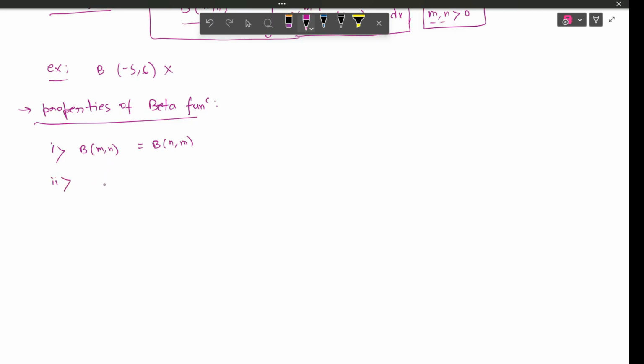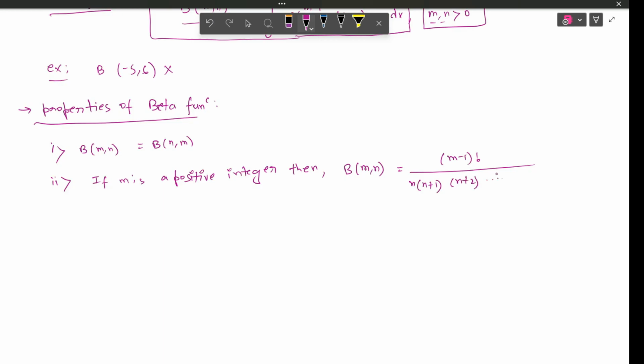Now our second property is if m is a positive integer, then beta of m comma n is m minus 1 factorial divided by n into n plus 1 into n plus 2 up to n plus m minus 1.